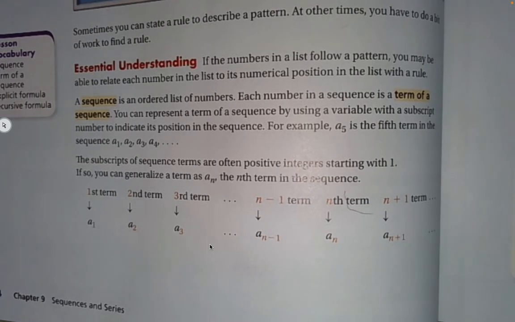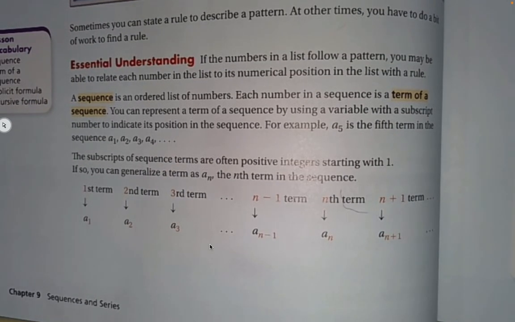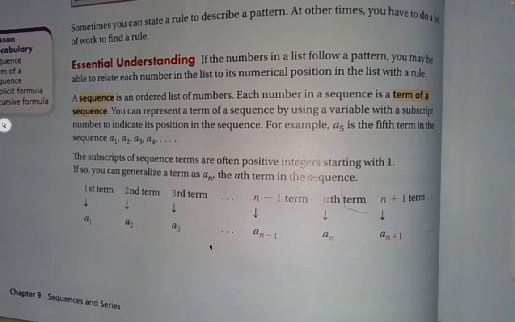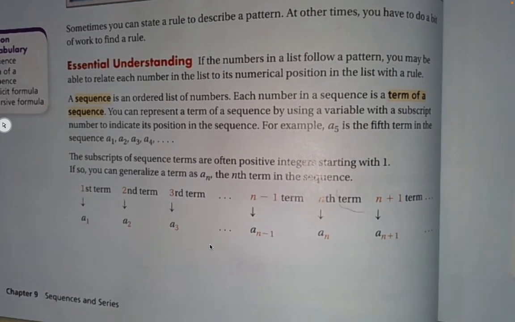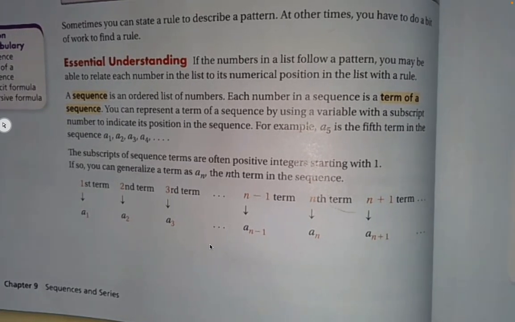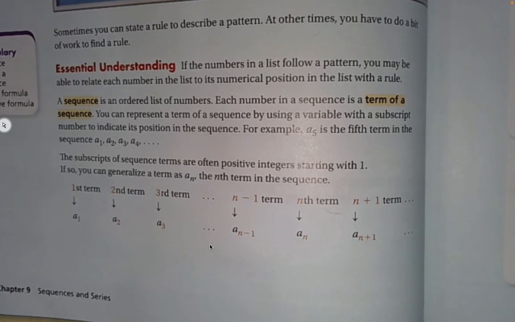That's what an explicit formula is. A sequence is just a list of numbers, okay? A term, you just select one of them. That's your term in your sequence. We'll eventually get to something called a series. A series is when we add them up.